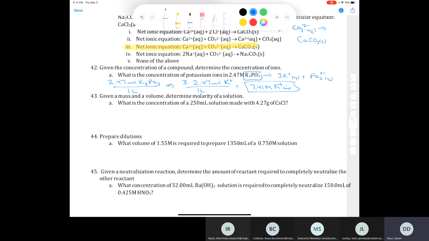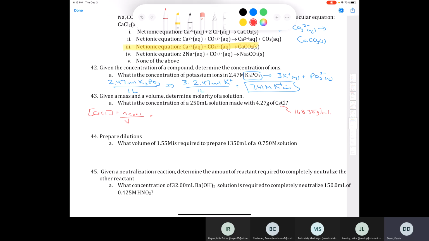All right. What's the concentration of 250 milliliters of cesium chloride solution made with 4.27 grams of cesium chloride? So first you're going to need the molar mass of cesium chloride, which is 168.35 grams per mole. Well, we know that the concentration of our cesium chloride is going to be equal to the number of moles of cesium chloride divided by the volume of the solution.